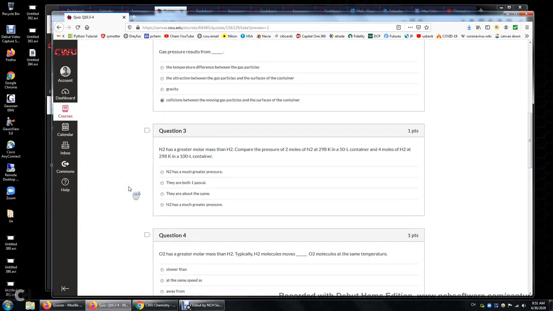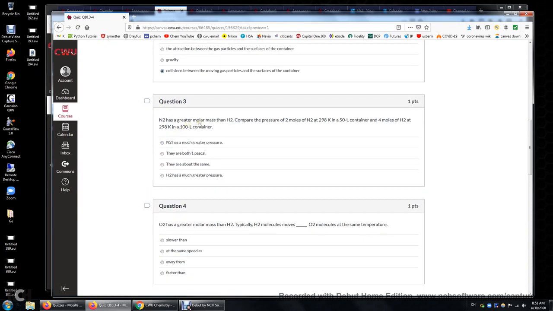All right. N2 has a greater molar mass than H2. Compare the pressure of this N2 and this H2. Well, what you really need to do is ignore this first sentence, because you just need to use PV equals nRT to compute the pressure of N2 and H2.